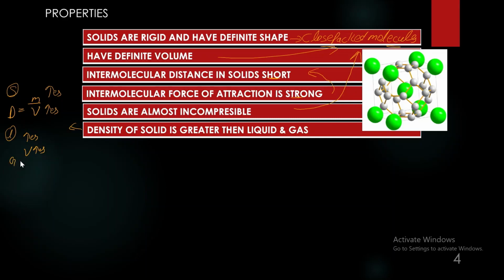Similarly in gas, mass increases, volume also increases. But in the case of solids, the increase in volume is negligible as compared to the increase in mass. That is the reason solid density is greater than gas and liquid.